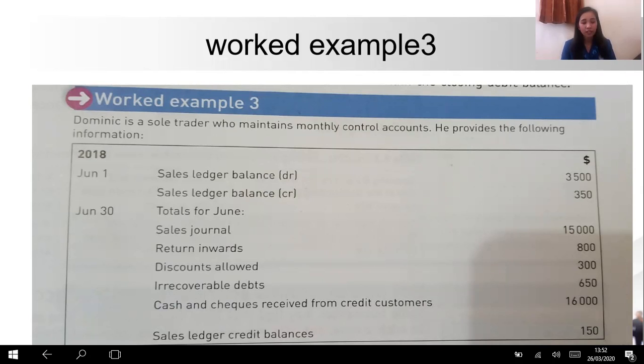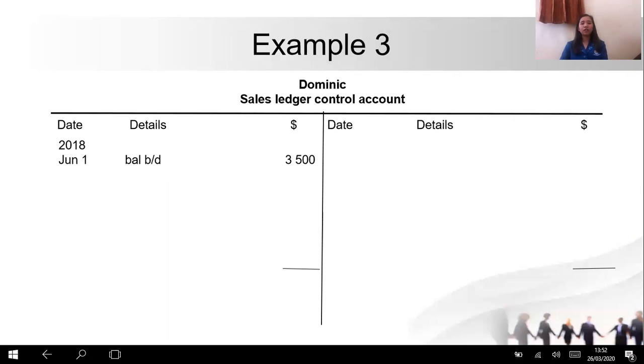Okay, so how do we make it? Here is our sales ledger control account. This is for Dominic. The BAL BD is on the debit side 3,500, and then on the credit side BAL BD is 350.